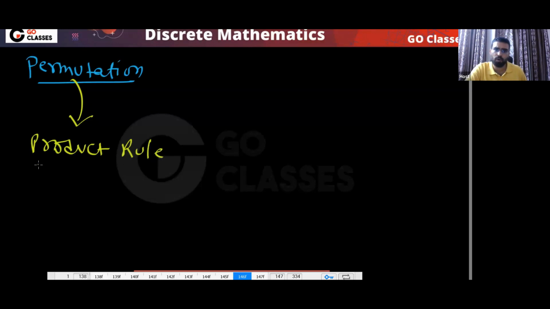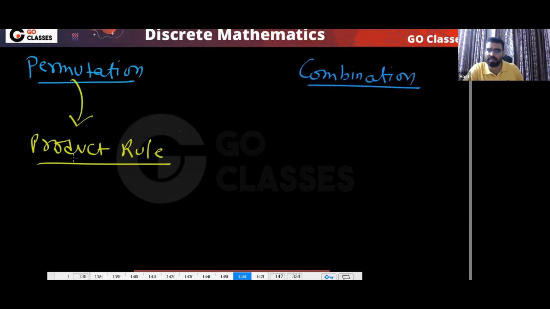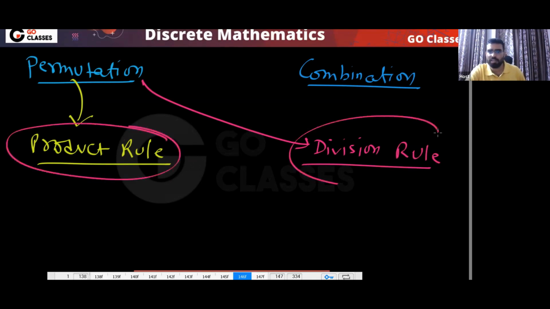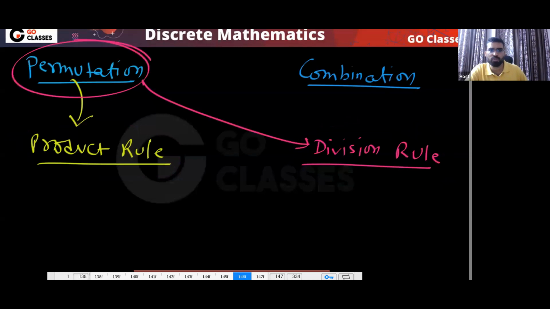Permutation is nothing but product rule. And if you want combination, on this permutation you apply the division rule and you get combination. So using product rule and division rule, you can find both permutation and combination.